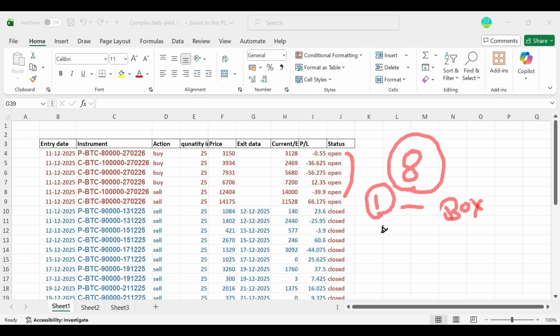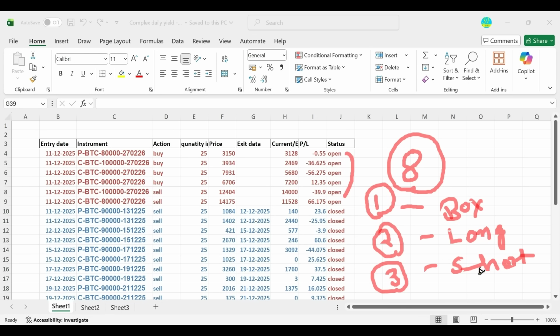Second, a long straddle or long strangle. And third, a short straddle or short strangle. These three strategies are combined together to form this daily yield complex setup.